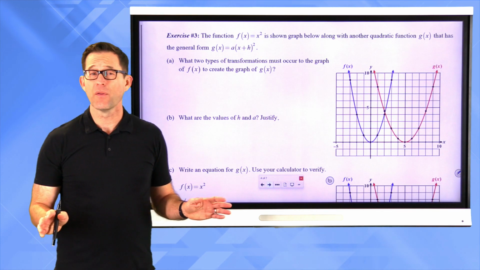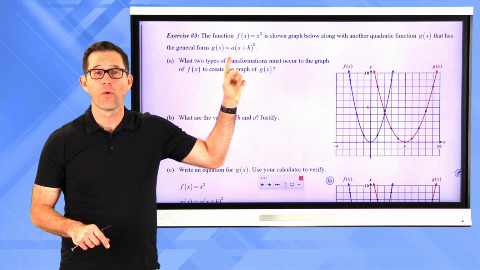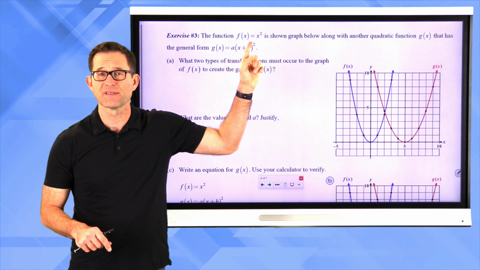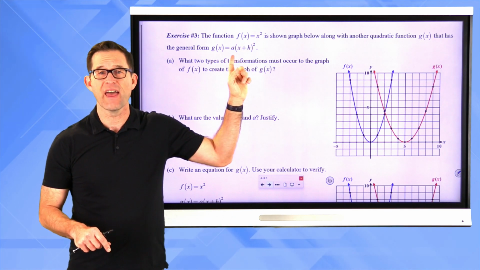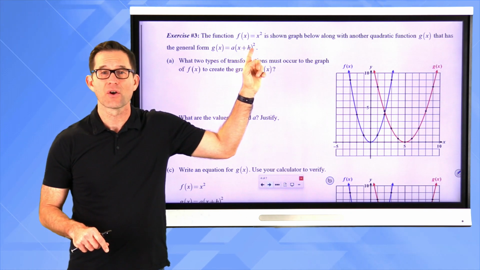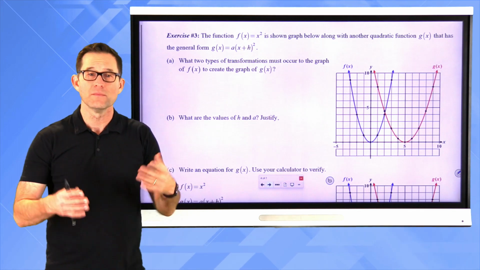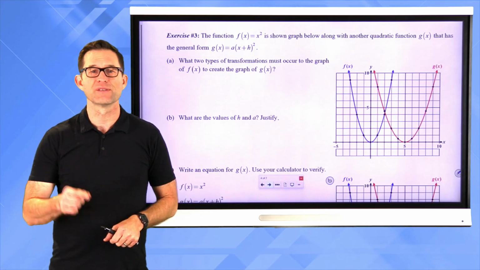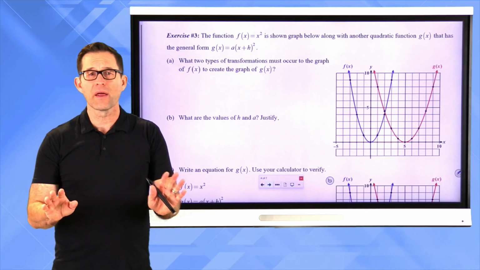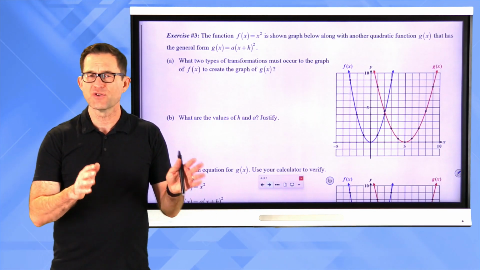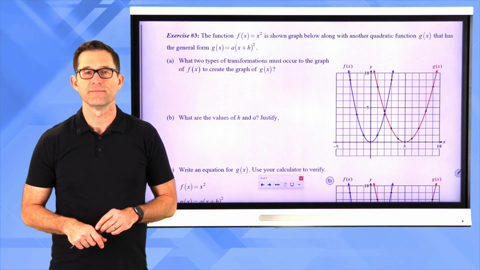Now, you can tell this basically by just looking at the form of this equation, right? F of x is x squared, g of x is a times x plus h quantity squared. So, what two types of transformations have occurred? Don't worry about like how much or anything like that. Just tell me the two types of transformations.